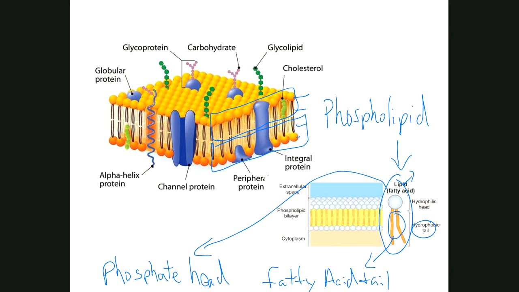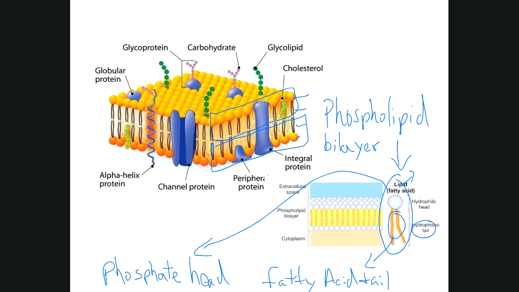Remember, the fatty acid tails can't interact with water, so the best option they have is to interact with another fatty acid tail. That's why we have a bilayer, phospholipid bilayer. We call that bilayer, two layers of this membrane. So that membrane is composed of two layers of fatty acids.